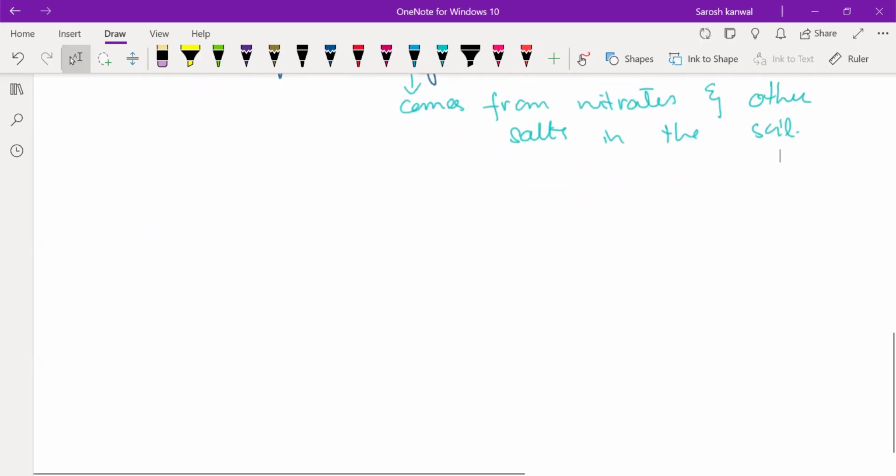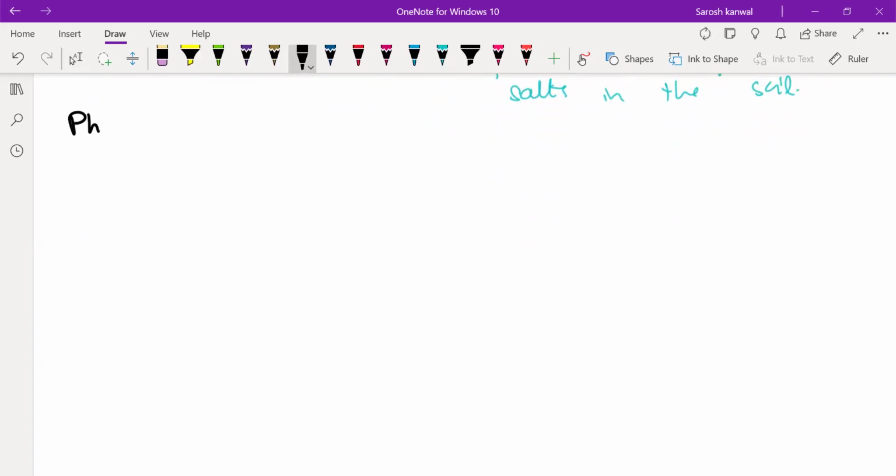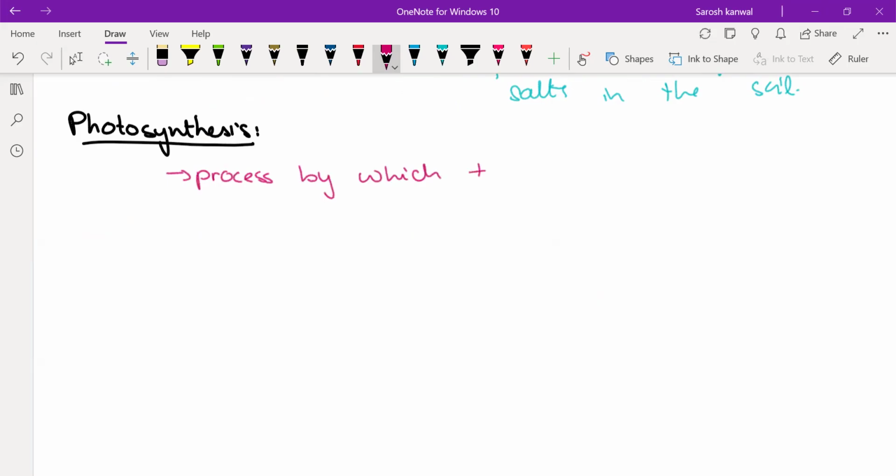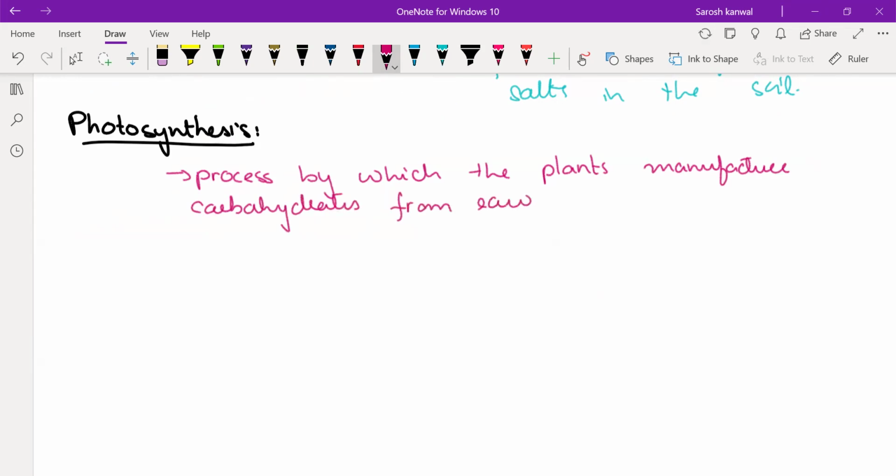Now we can get back to photosynthesis. So we can also say it is a process by which the plants manufacture carbohydrates from raw material using energy from light.